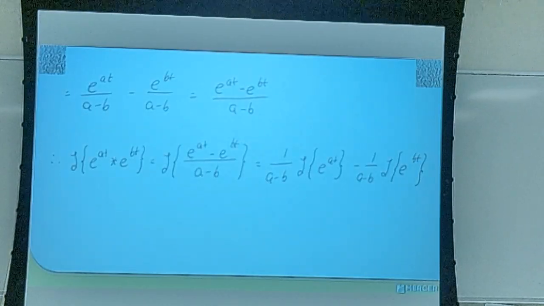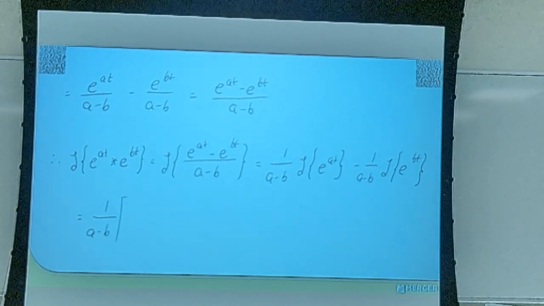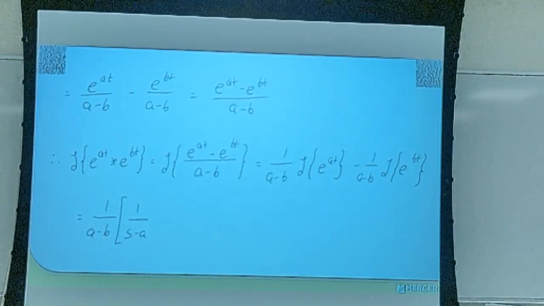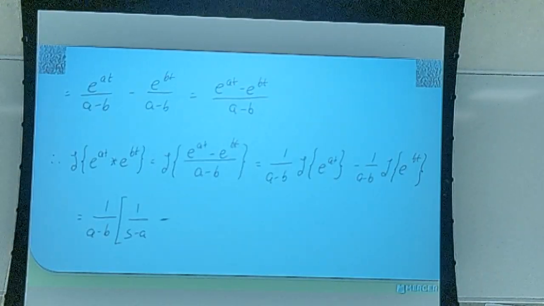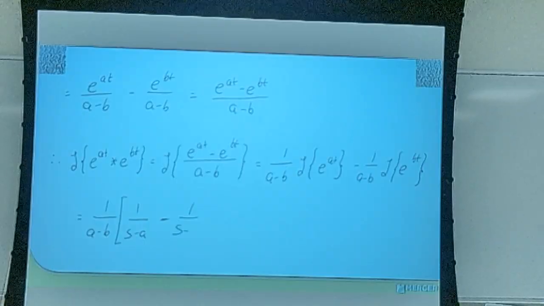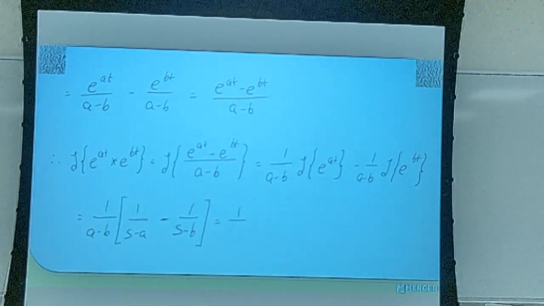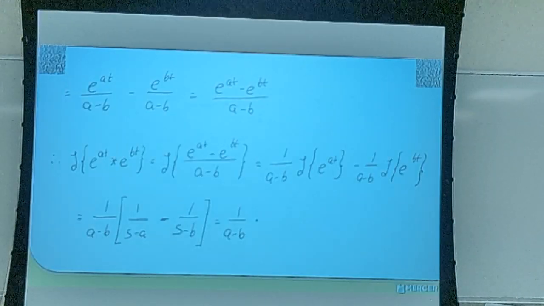And what's the transform of e to the at? And transform of e to the bt? Simplify 1 over s minus a minus 1 over s minus b.